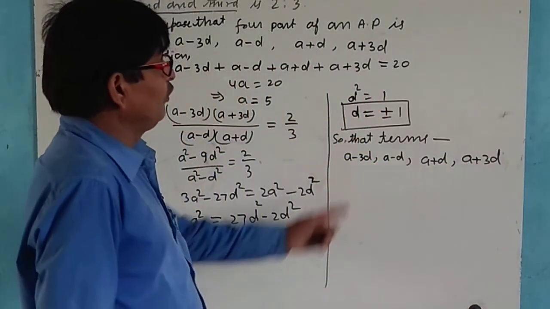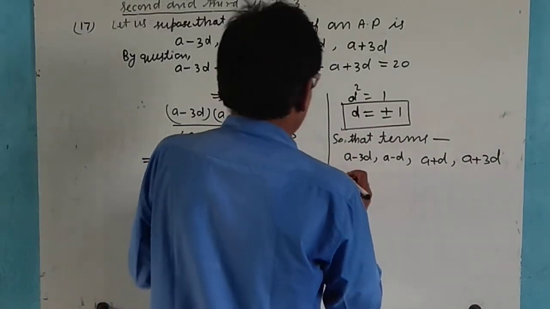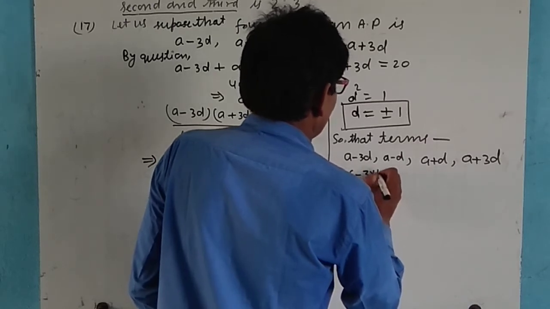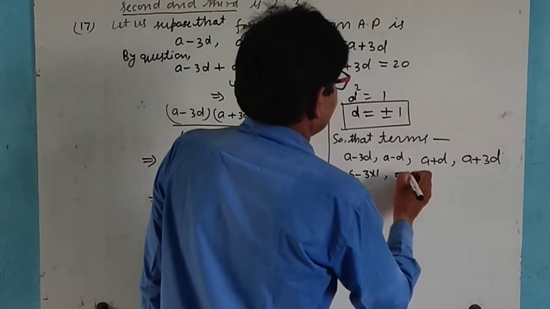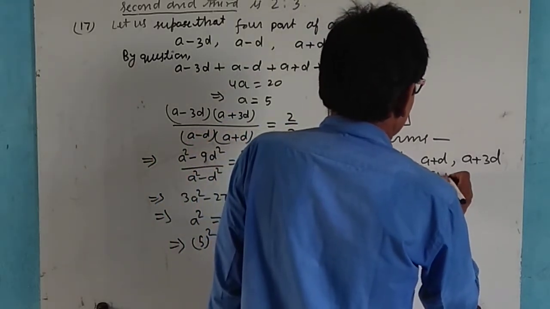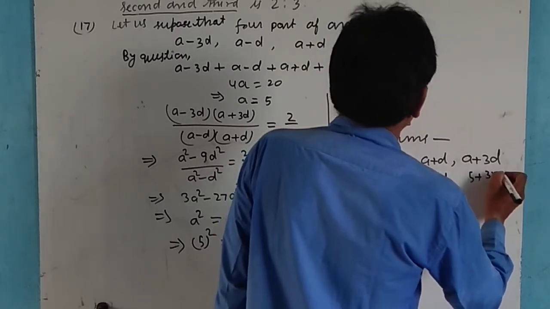Here we take the value of D as 1. Now A equal to 5. 5 minus 3 into 1, 5 minus D is 1, 5 plus D is 1, 5 plus 3 into 1.